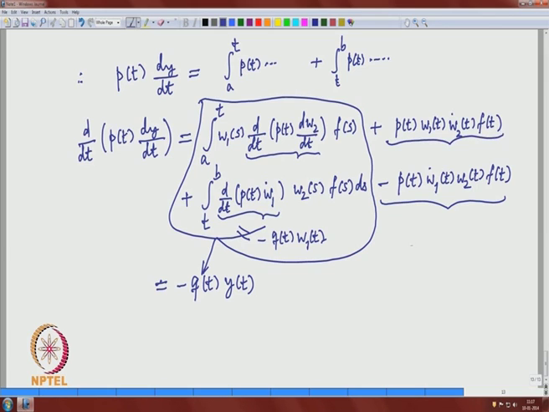Okay. Now you just simplify them, so you get p(t) [W1(t) W2 dot (t) minus W1 dot (t) W2(t)] f(t), and this is nothing but the Wronskian of W1 W2, and we have normalized it so that the Wronskian is equal to 1 by p(t), and this p(t) goes away.